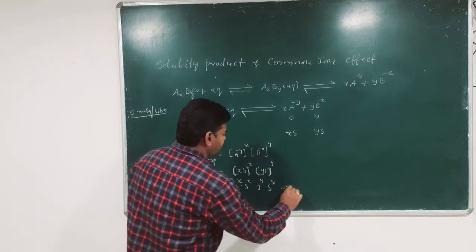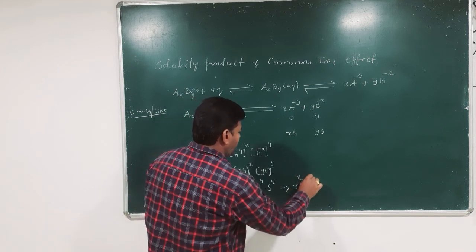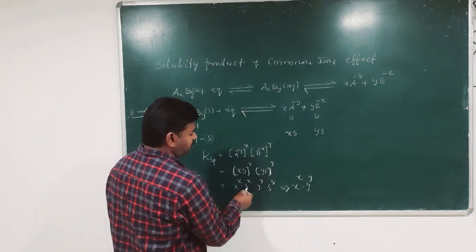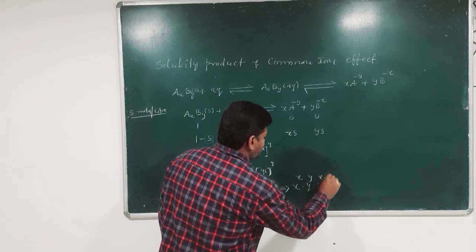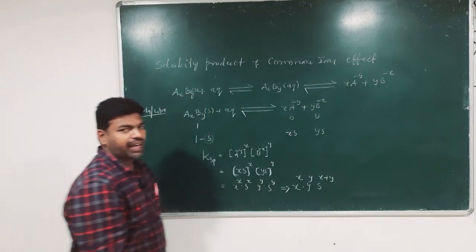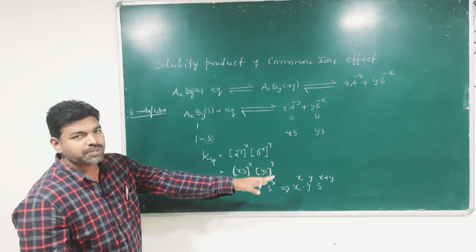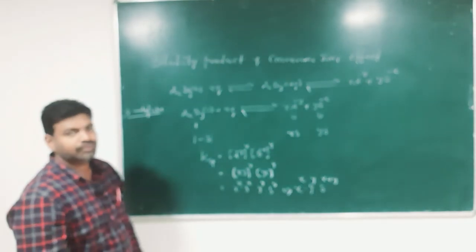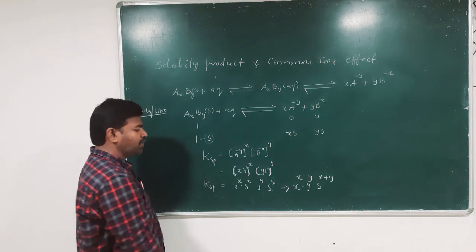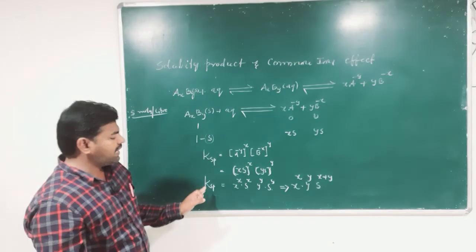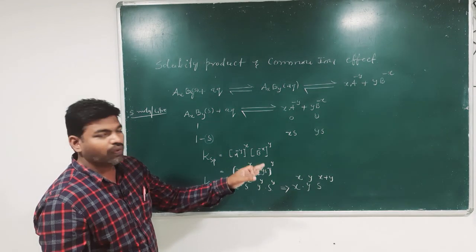Then we can write it as x^x and y^y, and here S^x and S^y give S^(x+y). So Ksp is x^x times y^y times S^(x+y). Mathematically, we can write the solubility product as x^x y^y S^(x+y).